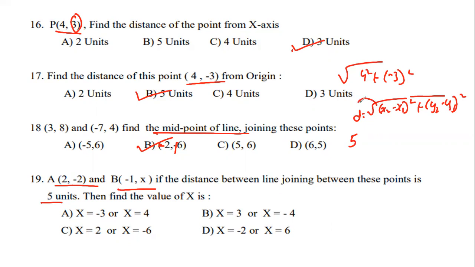I will take the square root to this side. It will become d whole square equals x2, the value of x2 is minus 1 minus x1 which is 2, whole square, plus y2, the value of y2 is x, minus y1, y1 is minus 2, whole square.